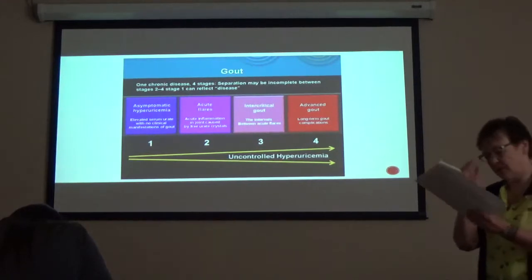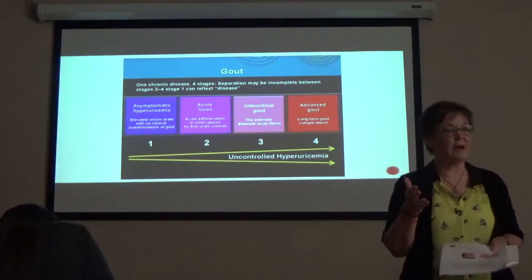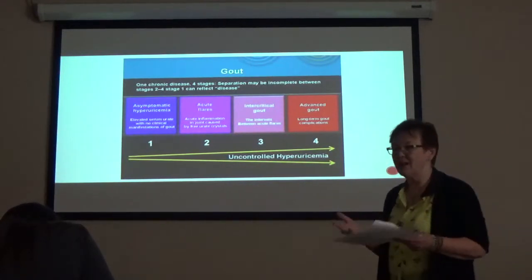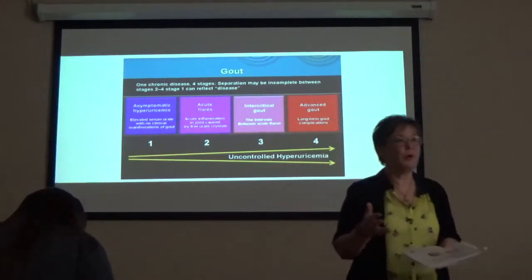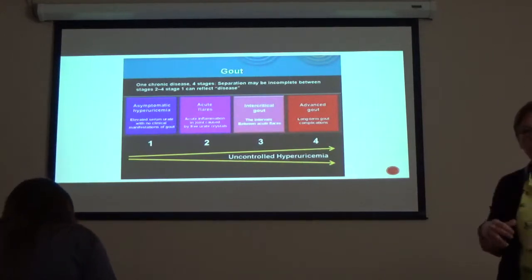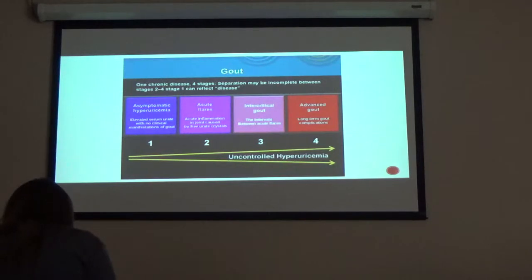I wrote these down because I didn't have it memorized. From 9 to 9.9, it's about a 15% risk. 8 to 8.9 is a 5% risk. 7 to 7.9 is 1%. So this is why we don't treat asymptomatic hyperuricemia. I would suggest when you get to around 10, you need to think about it.